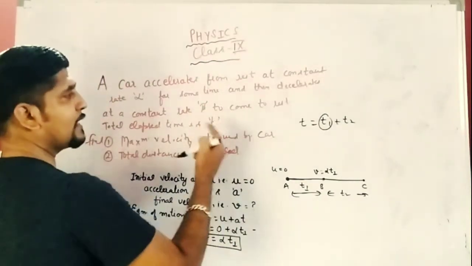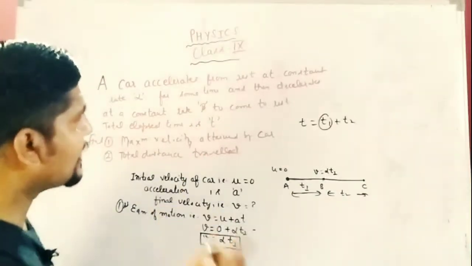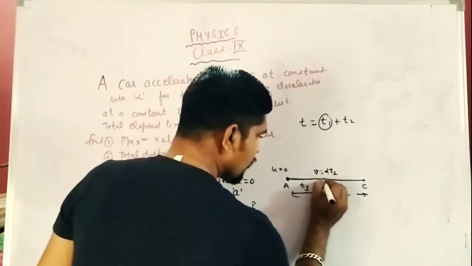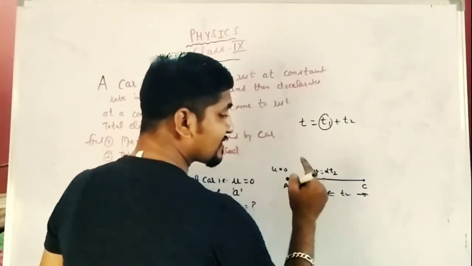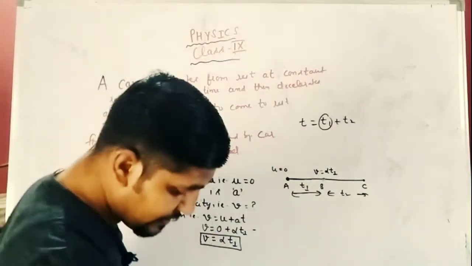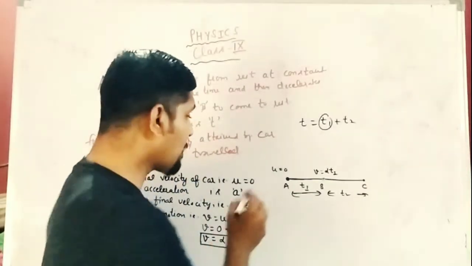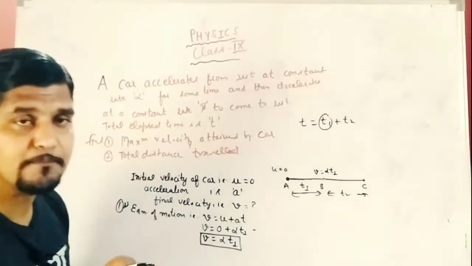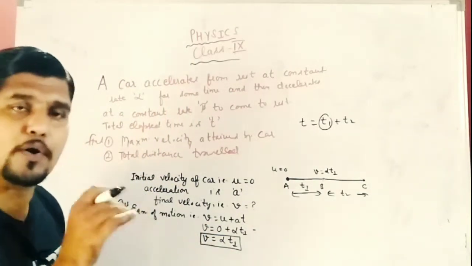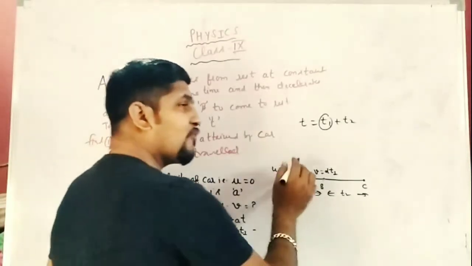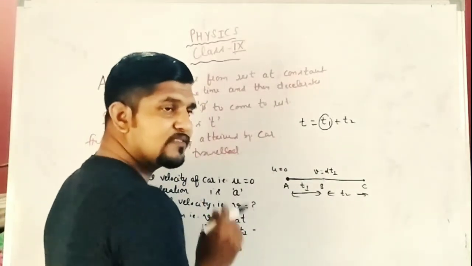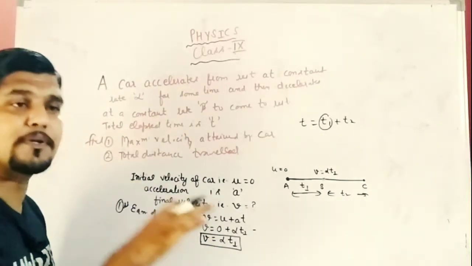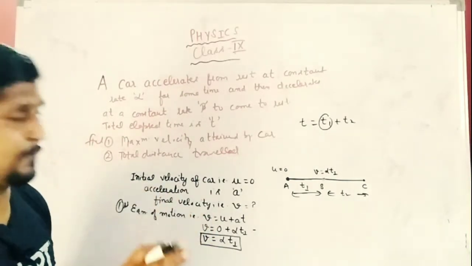According to the statement, it then decelerates at constant rate beta, which means from point B it starts decelerating. So from A to B the velocity keeps increasing at the constant rate alpha.